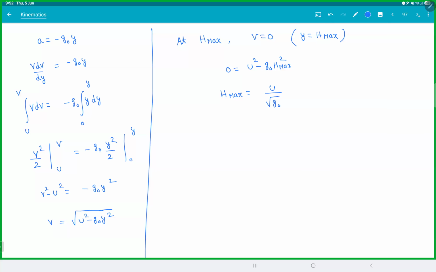How do you find the time of ascent? Time of ascent, no Ramek. That's not the answer.